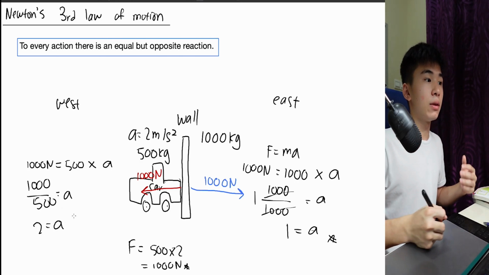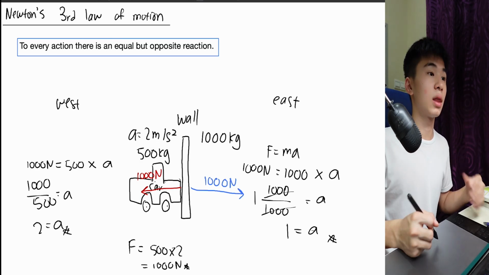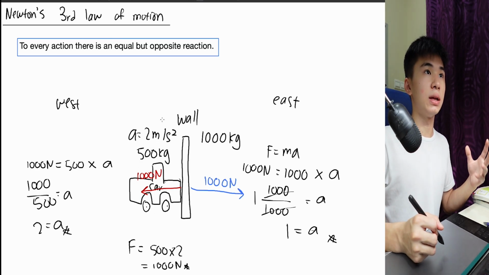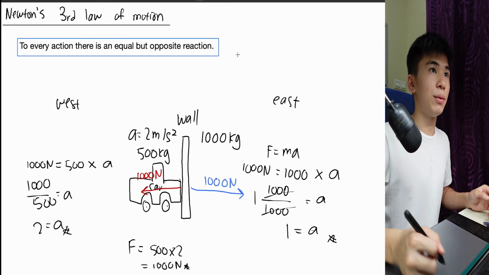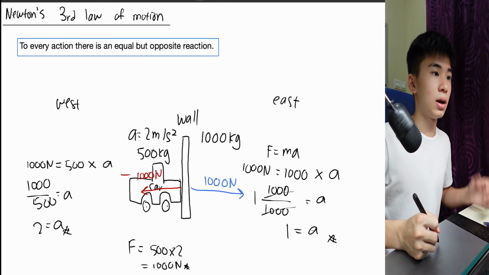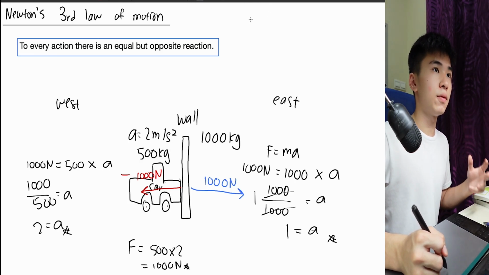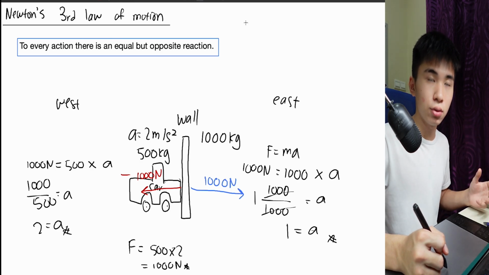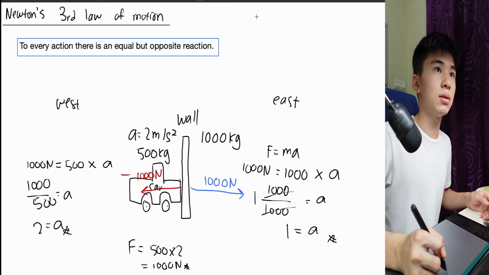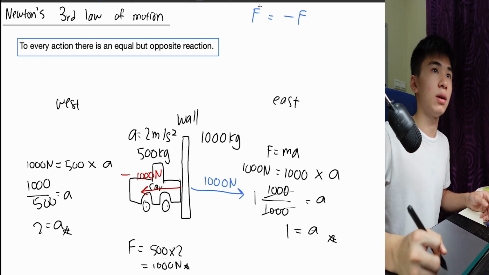I know that the difference is not much, but in this case, I just want to say that the reason the car bounces back at greater speed is because the reaction force on the wall is going to be negative 1000 newtons, right? We know that the reaction force is equal in magnitude, which means that if you exert a force, the magnitude is going to be the same.